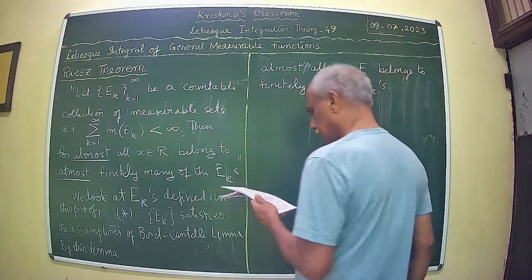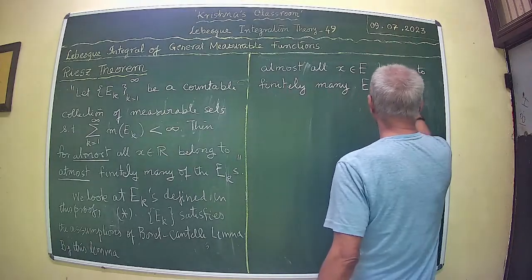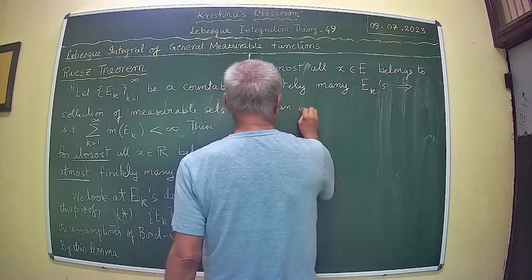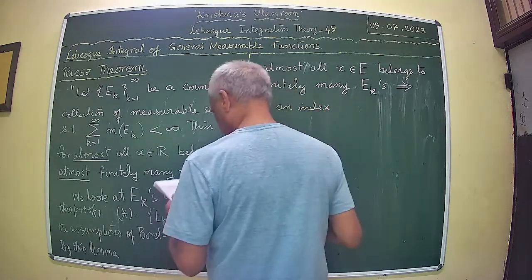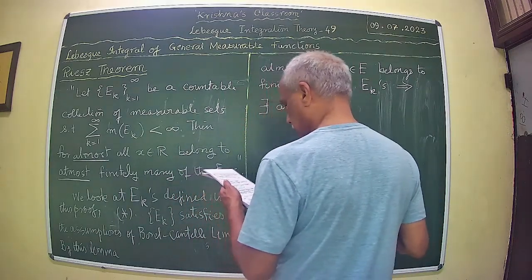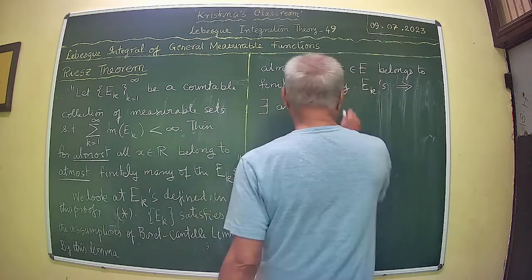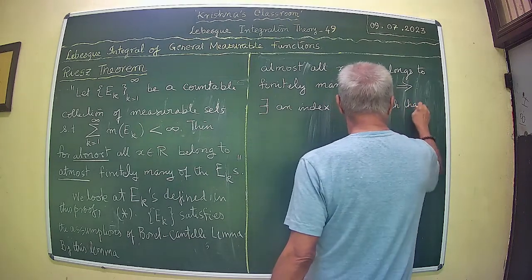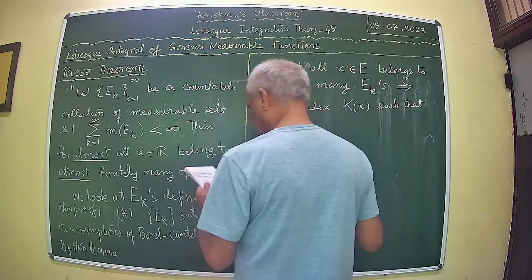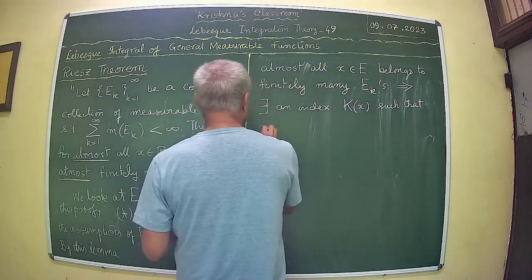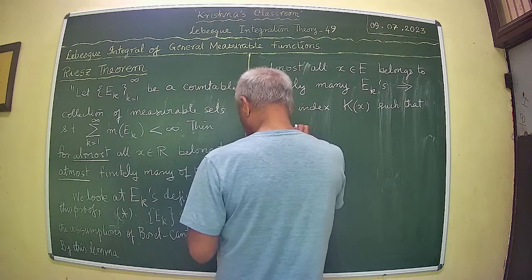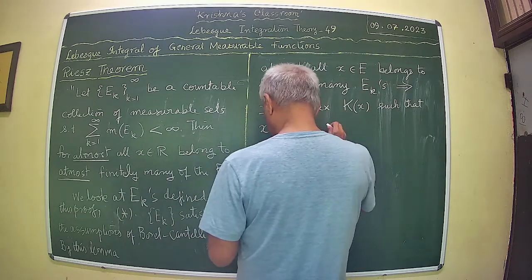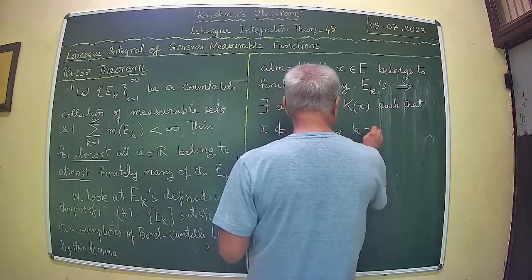What does it mean? This implies there exists an index kx such that x does not belong to Ek for k greater than or equal to kx.